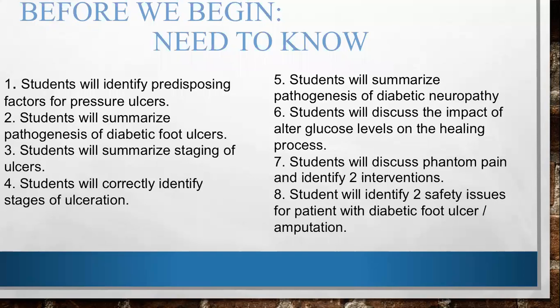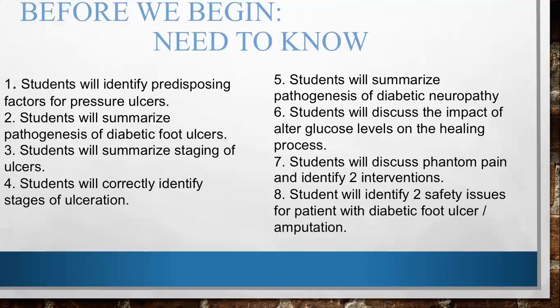Before you start, if you haven't read already, I want you to take time out to identify the predisposing factors for pressure ulcers. You will also summarize pathogenesis of the diabetic foot ulcer. Students will summarize staging of ulcers.